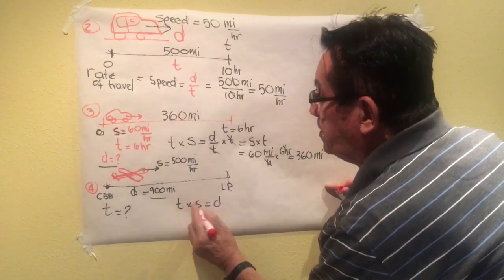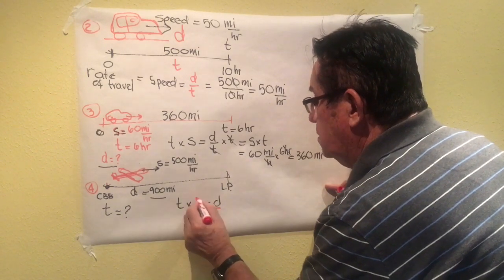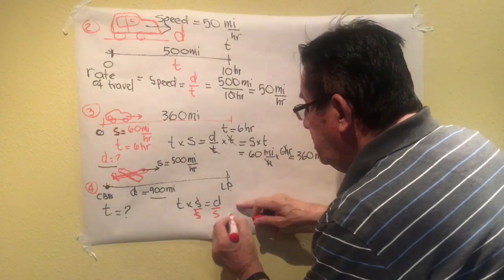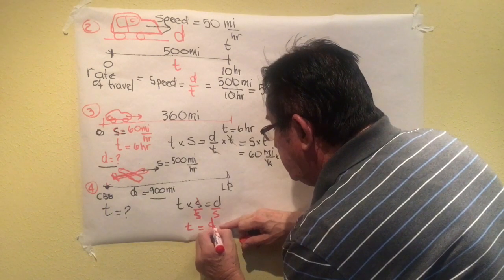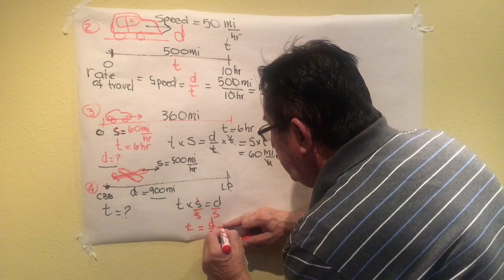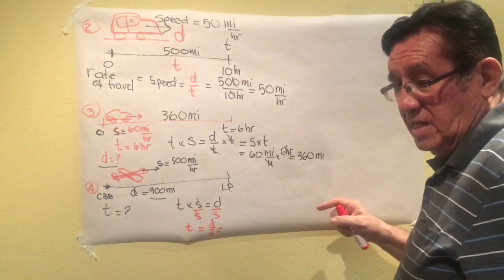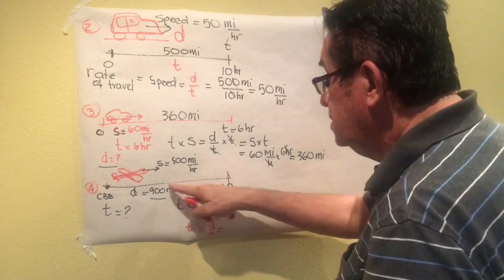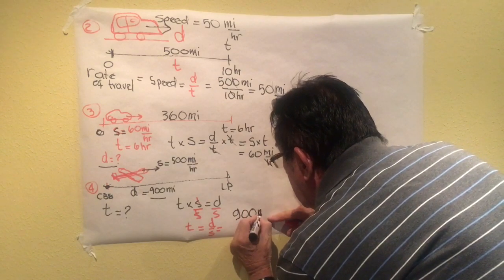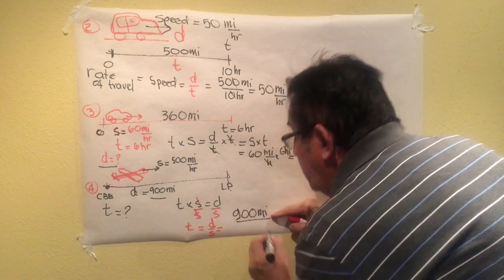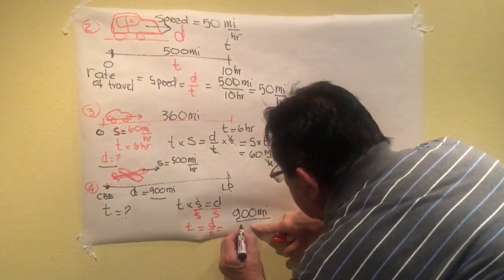The inverse of multiplication is division, so I divide both sides by s, so these are cancelled, and the time will be equal to the distance divided by the speed. Okay? What's the distance? The distance is 900 miles. And the speed is 500 miles per hour.